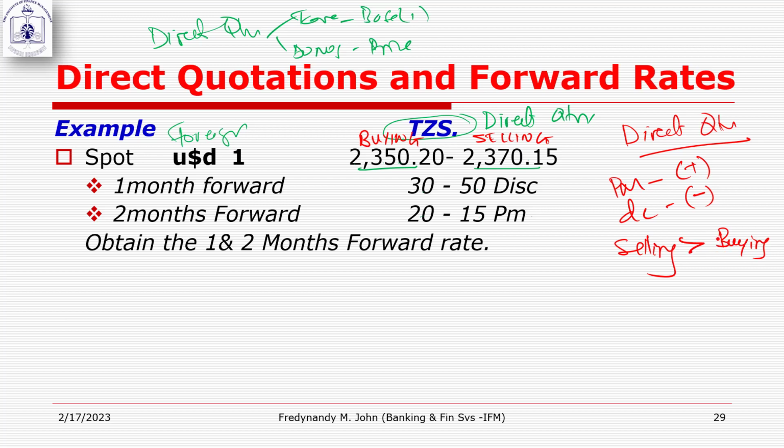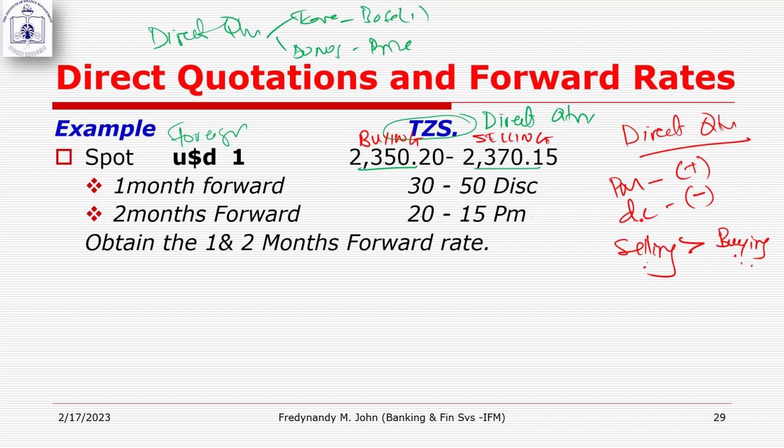That being the case, if you are given premium, then add the highest premium on the selling rate and the lowest premium on the buying rate, so that buying will continue to be lesser than the selling rate.